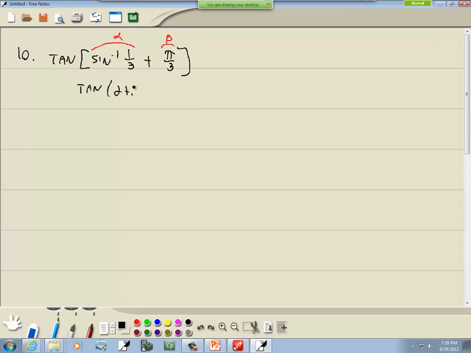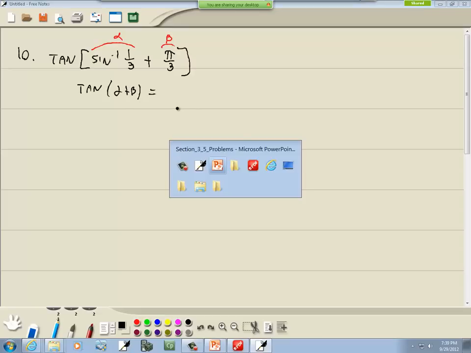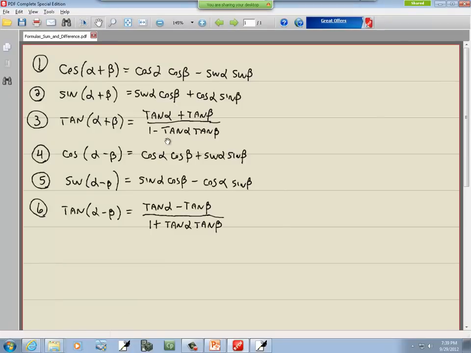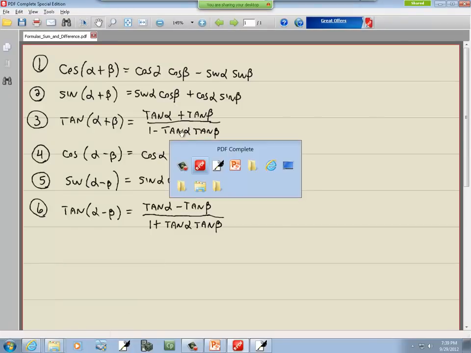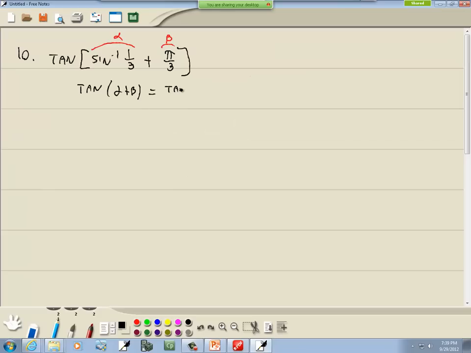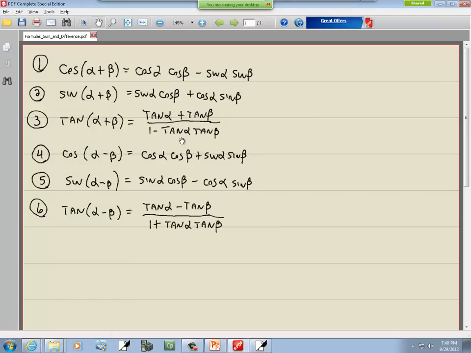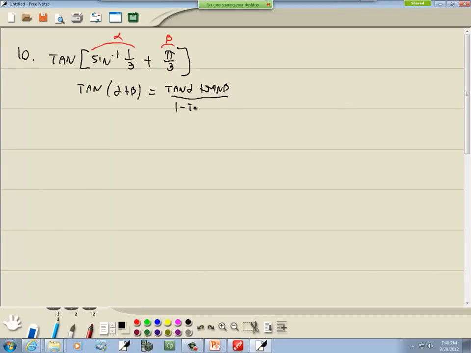Tangent of alpha plus beta is equal to tangent alpha plus tangent beta over 1 minus tangent alpha tangent beta.